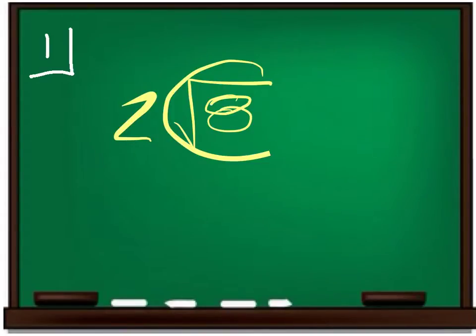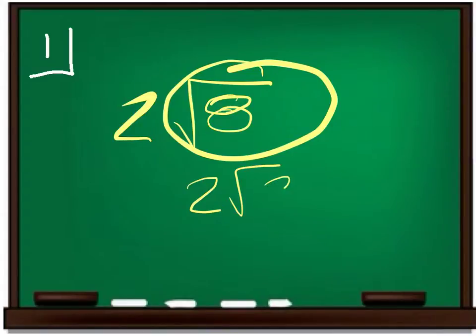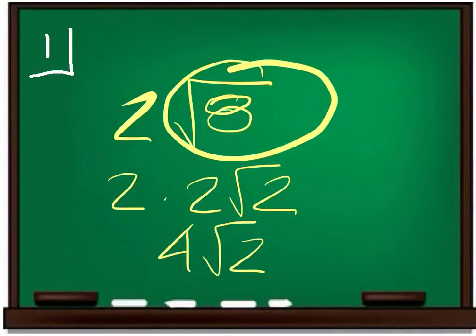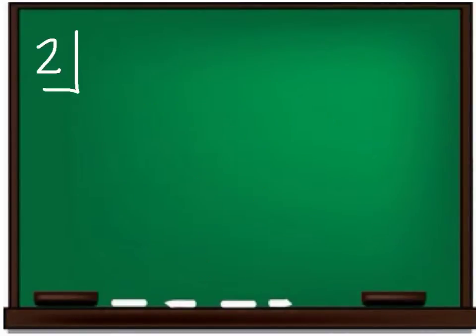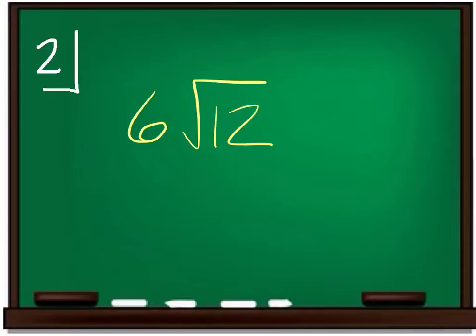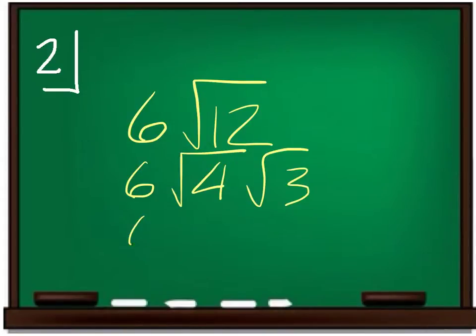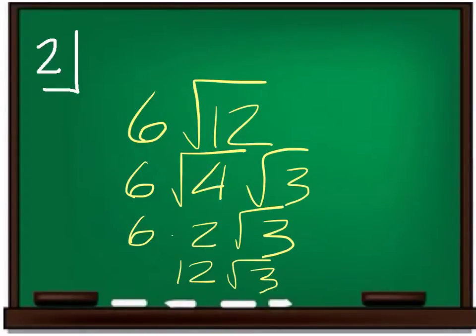This one, the square root of 8 breaks up as 2 square root of 2. 2 times 2 is 4. Square root of 12 breaks up as 4 and 3. 12 square root of 3.